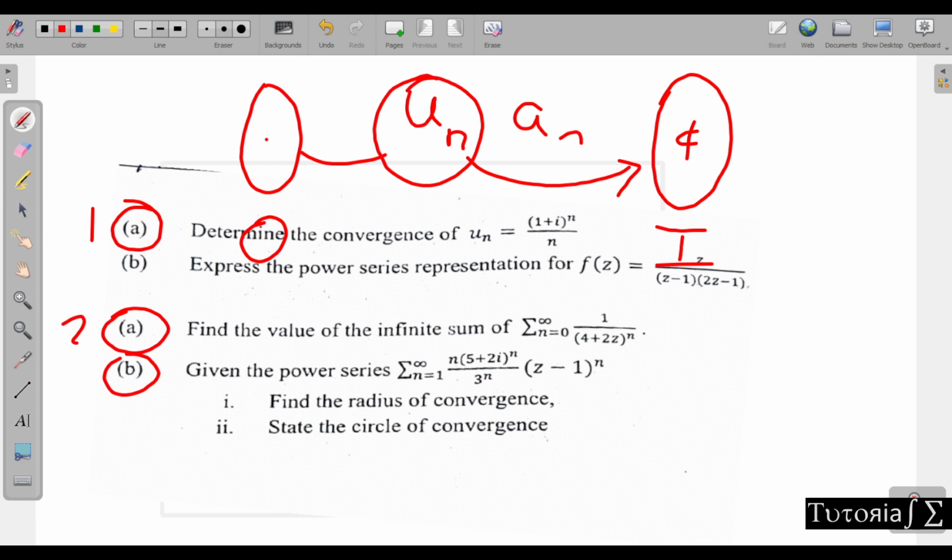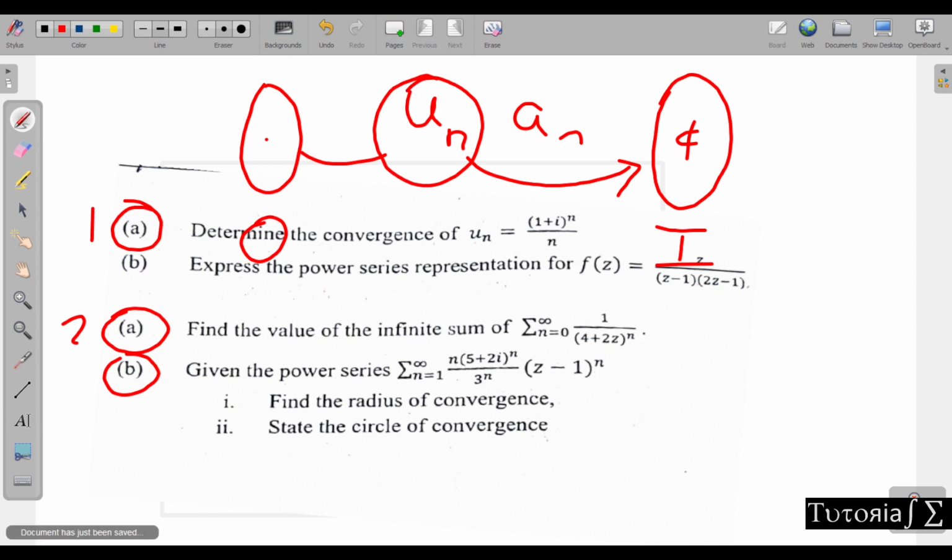Now, since the positive integers that we're talking about are running from 1 to infinity, to determine if a sequence converges or diverges, we should find the image at infinity. If we can find the image at infinity, then we say that sequence converges.